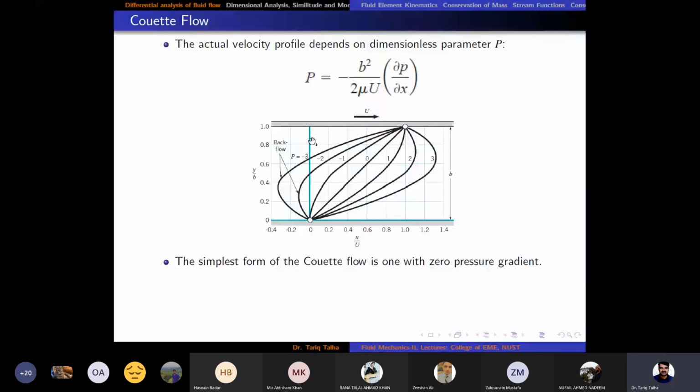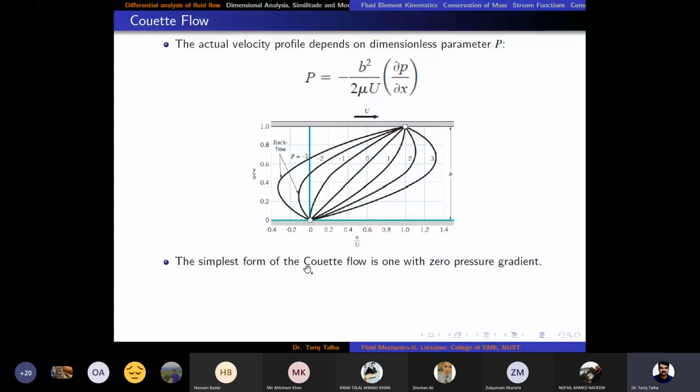And here, when p is equal to -3 or -2, you can see very interesting behavior of the velocity. The velocity becomes negative in the middle, and then it goes towards the positive value of this plate, which is due to that plate. But in the middle, due to that pressure increase, we have got a kind of reverse flow, right?